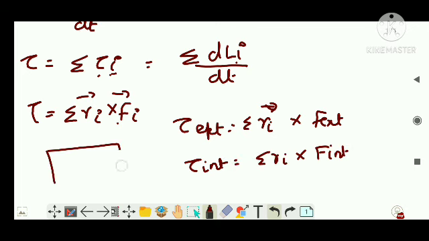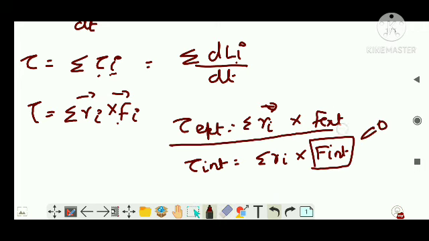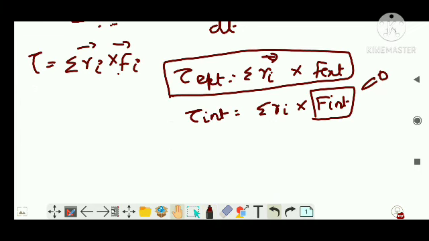Now, when I consider a system of particles, each particle which is producing a torque, suppose, or internal force, if it is producing an attraction like this, then there will be a repulsion somewhere else, right? So in a single system of particles, if I consider, the internal torque is 0. So there is only external torque due to the presence of external force.